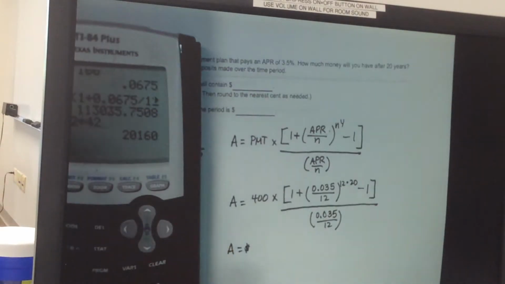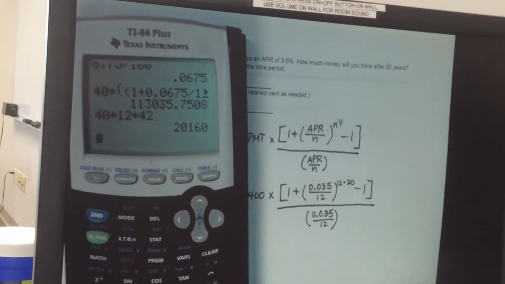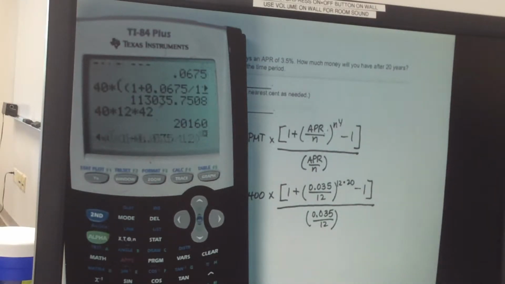Typing that in the calculator, you're going to have, let's say, 400 times, and then left parentheses and left parentheses again, 1 plus 0.035 divided by 12, close parentheses, and then the hat key, 12 times 20, right arrow, minus 1, close parentheses, then divided by, and then left parentheses, 0.035, divided by 12.